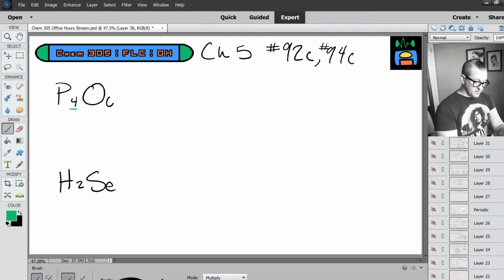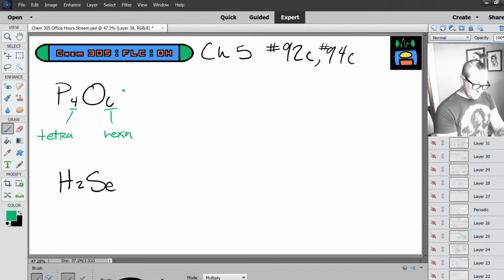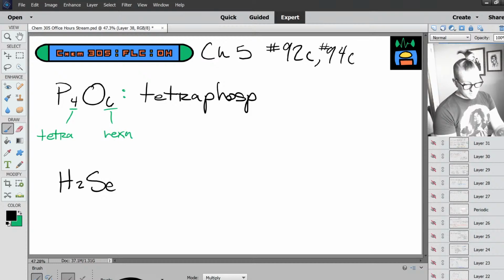The prefix for 4 is tetra, and the prefix for 6 is hexa. So the first would be named tetraphosphorus hexoxide.